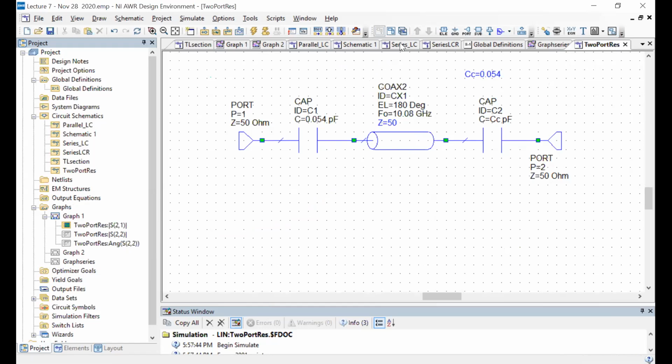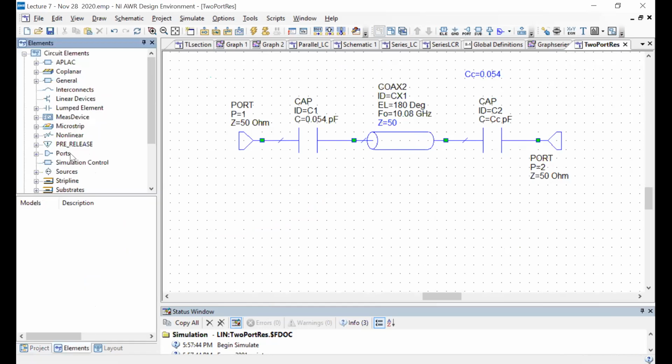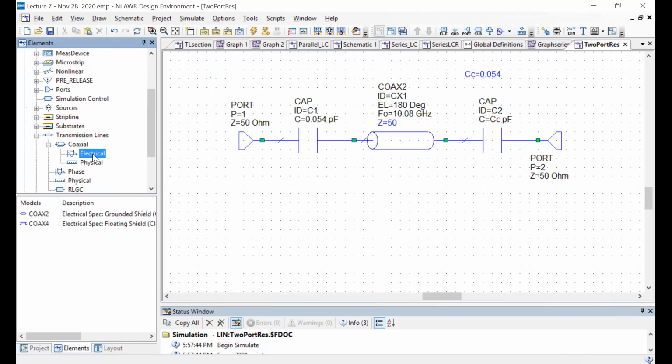So let's say we model that. Now there are actually various ways of doing it. In fact, maybe let me show you just to complete this. So in the transmission line part, we had this electrical thing.